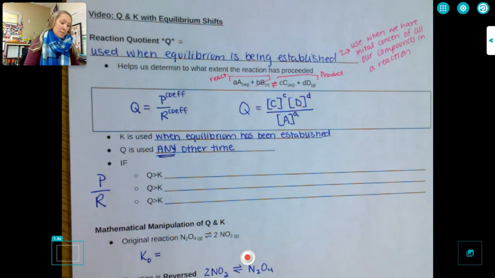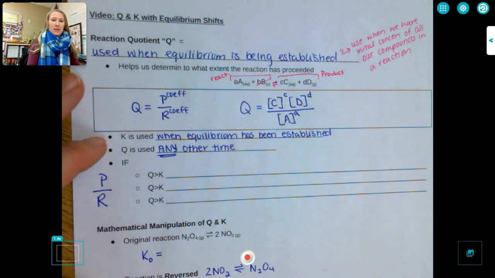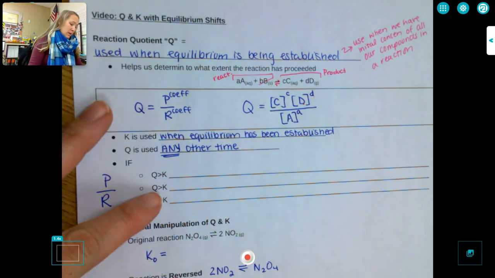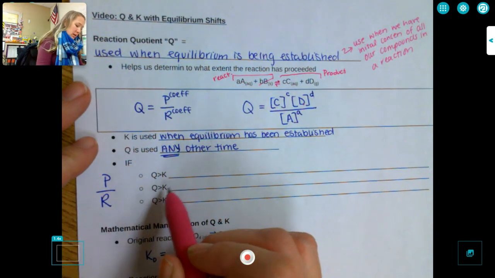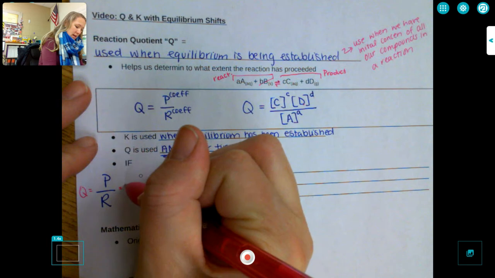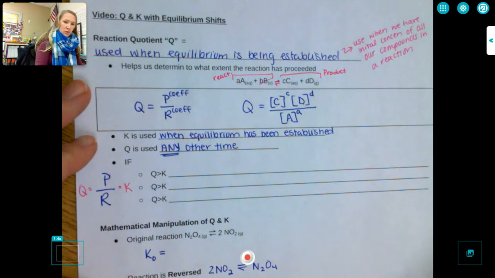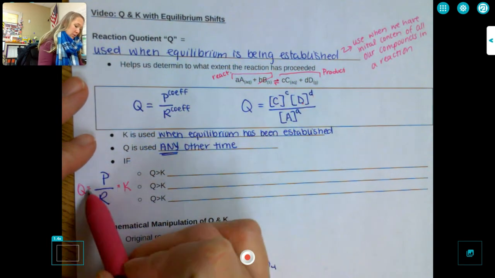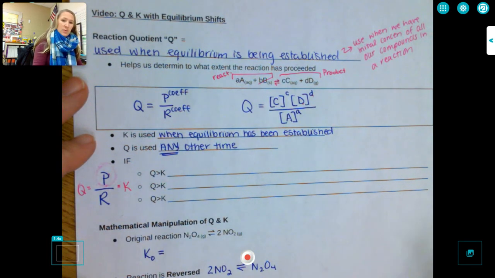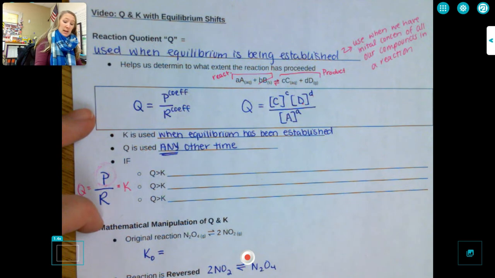So what we do is we compare the Q, the reaction quotient that we get, with the K value that was given to us. If we find that Q is bigger than K, remember that both Q and K are products over reactants. So if Q is really big, that means our products must be dominating our fraction. We just have way more products than reactants, which gives us a really big number.